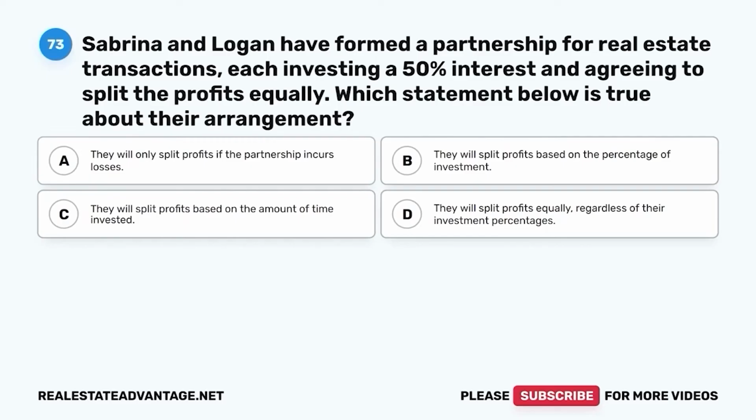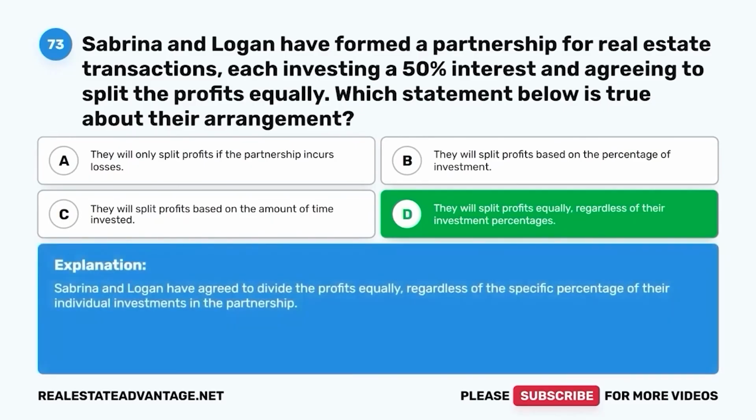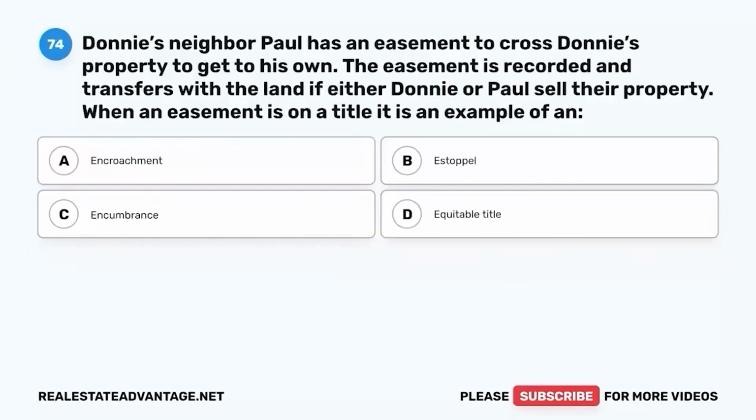C. They will split profits based on the amount of time invested. D. They will split profits equally, regardless of their investment percentages. The correct answer is D. They will split profits equally, regardless of their investment percentages. Sabrina and Logan have agreed to divide the profits equally, regardless of the specific percentage of their individual investments in the partnership.